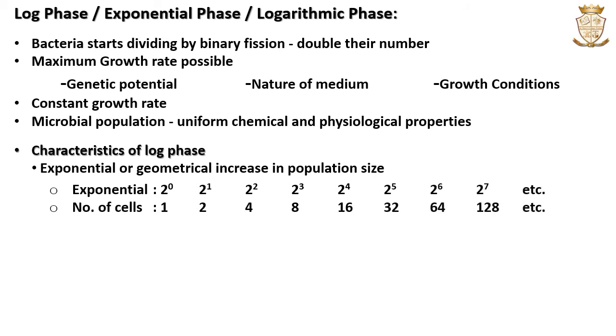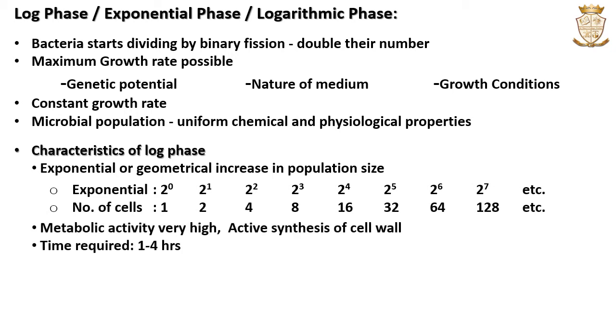The number of cells doubles during each round of multiplication. And during log phase, the metabolic activity is very high. There will be active synthesis of cell wall. Generally, the time required for an exponential phase varies from 1 to 4 hours, and it depends on the availability of nutrients.